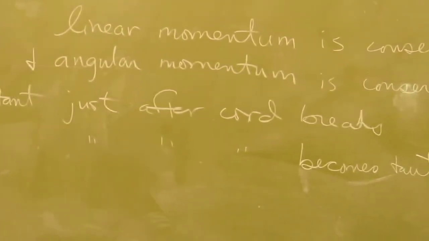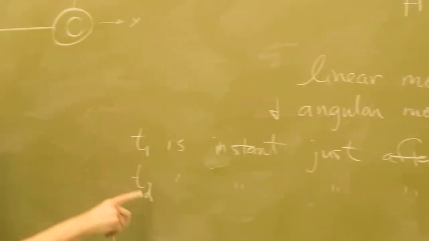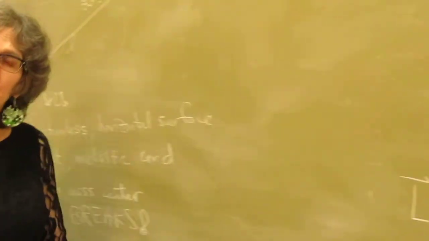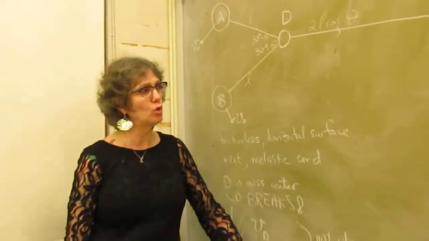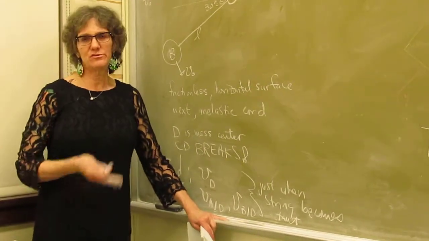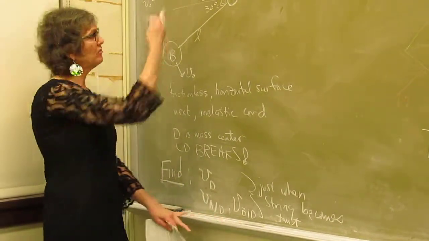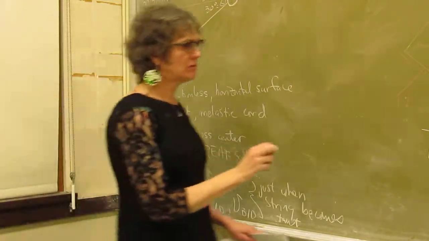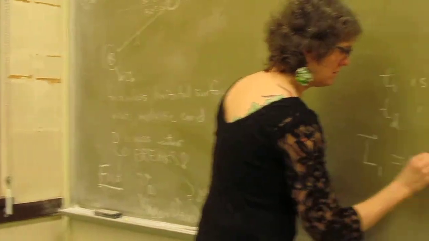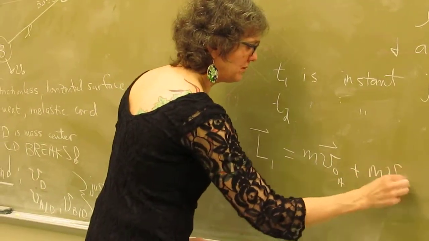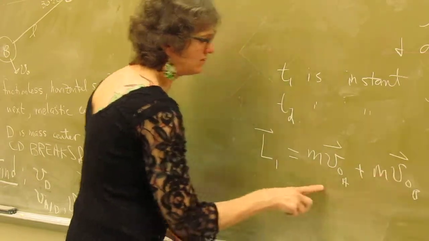All right, so now that I know exactly what the subscript 1 means, I can go ahead and calculate the linear momentum for time 1. Okay, so it's just mv, right? And we've got 2 particles, so I've got to add them all up. So it's mv0A plus mv0B, and these are vectors.